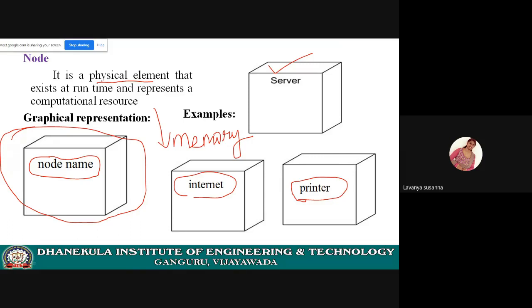It is also a physical component. Examples: server, internet, printer, and PC, personal computer. You can draw it this way: client PC. It is also a node. I hope you understood.